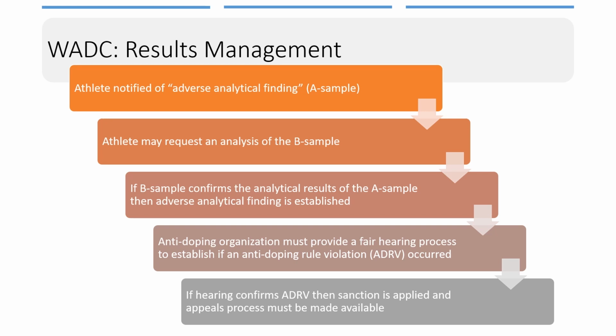Should the hearing find a violation, then these athletes have the opportunity to engage in an appeal process. These sequential steps ensure transparency, fairness, and accountability in the anti-doping process, really safeguarding and protecting the rights of athletes.